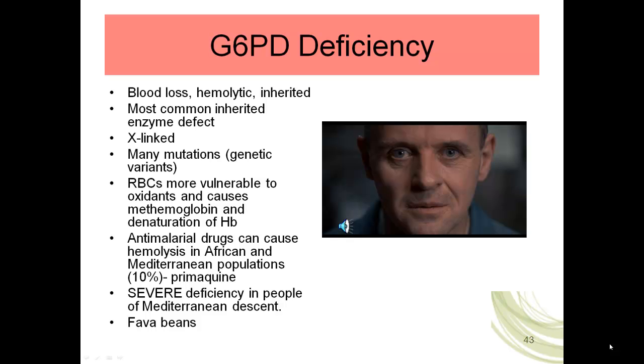And if you take into consideration that a large part of the population has this G6PD deficiency, you're adding insult to injury. You're giving them drugs that will help them with the malaria, but then you're causing a lot of oxidative damage, not just to the plasmodium, but to the red blood cell, and then they can't repair that oxidative damage. So primaquine is an example of an anti-malarial drug.